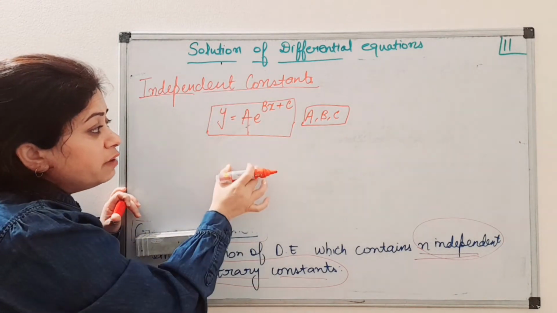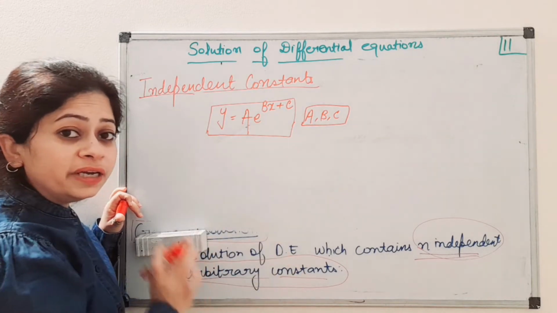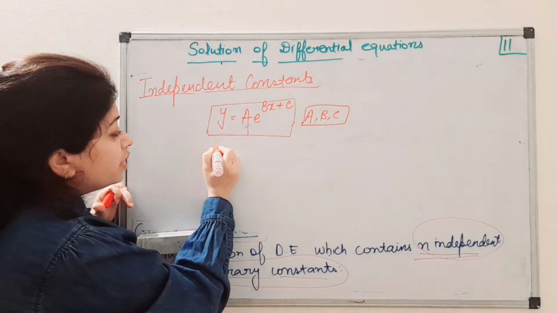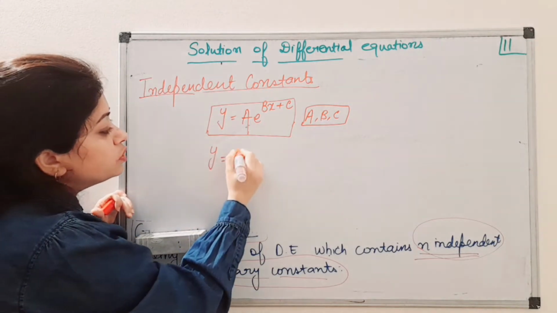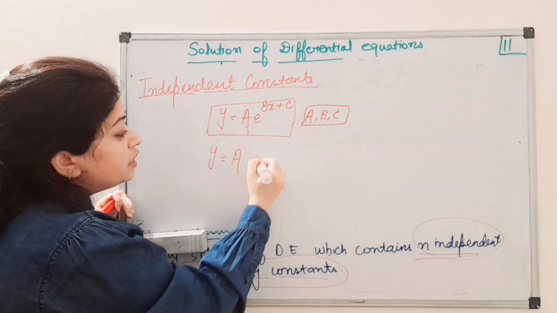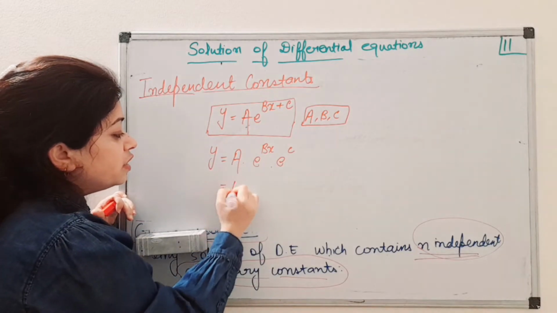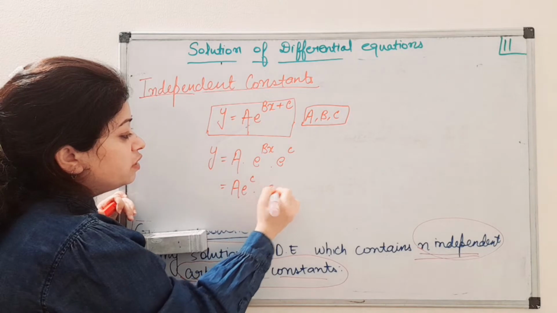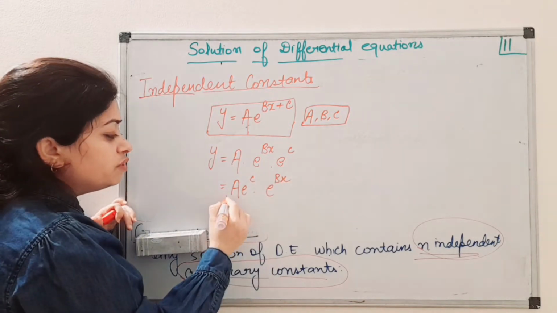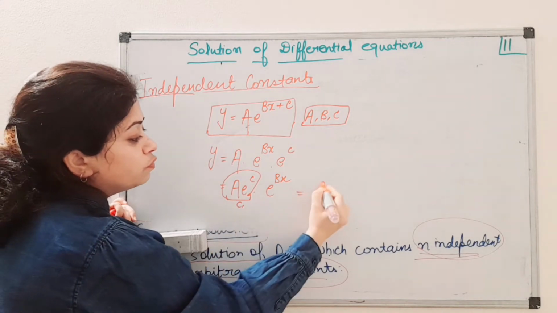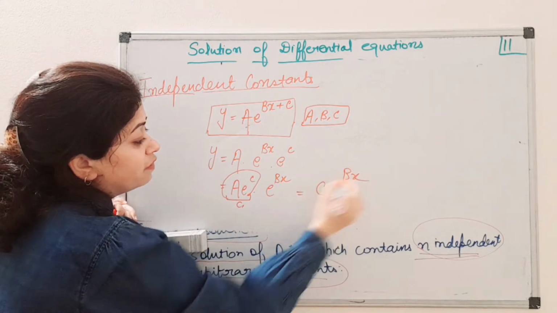If we have a solution with independent arbitrary constants, how can we write this? Suppose we write it like this: a e raised to power bx e raised to power c, which is a e raised to power c e raised to power bx. Now a e raised to power c is a constant, so we can write it as c1 e raised to power bx.